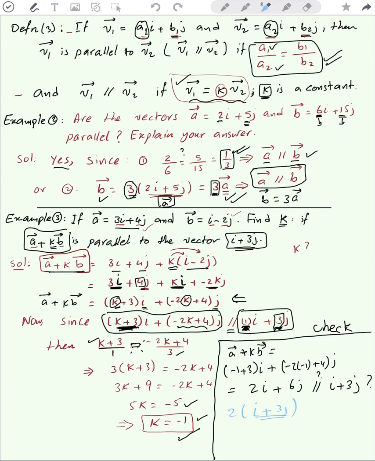Which is the vector given in the question. So A plus kB is parallel to i plus 3j when k is negative 1. This is the idea of parallelness of vectors.